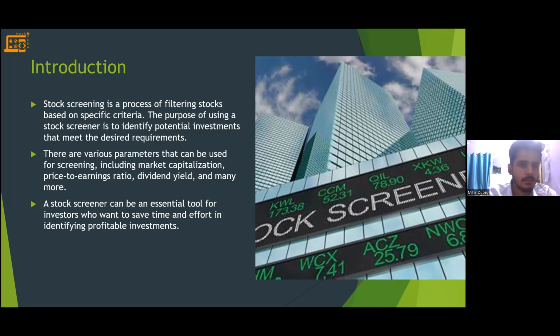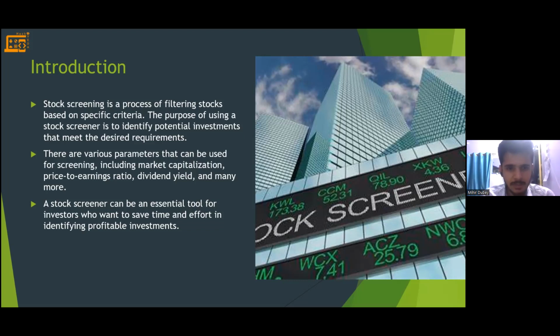Now I'm explaining stock screening. Stock screening is a process of filtering stocks based on specific criteria. The purpose of using a stock screener is to identify potential investments that meet the desired requirements. Basically, a stock screener is a filter that purifies our ideas and basic needs at the time of choosing stocks in the market.